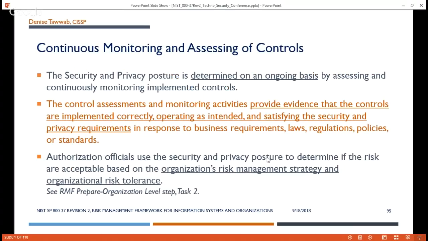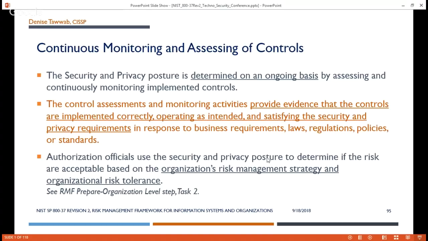Continuous monitoring and assessing of controls. The security and privacy posture is determined on an ongoing basis by assessing and continuously monitoring the controls that you've implemented. The control assessments and monitoring activities provide evidence that the controls are implemented correctly, operating as intended, and satisfying the security and privacy requirements in response to any business requirements, laws, regulations, policies, or standards that your organization complies with or is subject to.